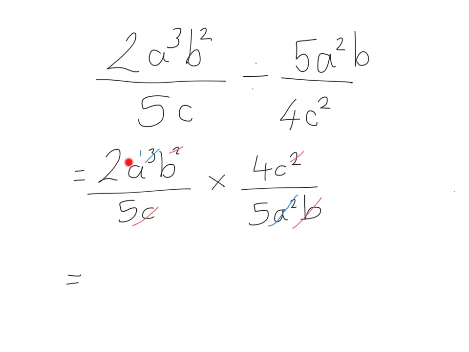I wrote a to the power 1 just to illustrate what was happening, but I'm not going to include that 1, because anything to the power 1 is just the thing itself. At the top, the numbers first: 2 times 4 is 8. I'm also left with a and c, so at the top I've got 8ac. At the bottom, I've got 5 times 5, 25.